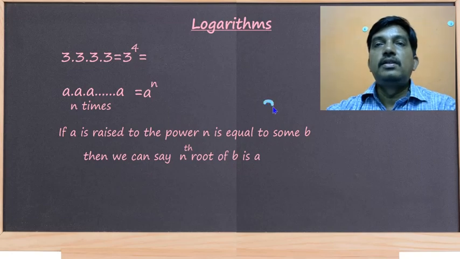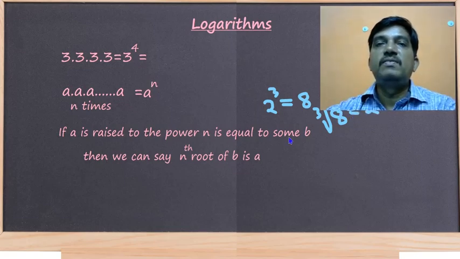You know what is 2 to the power 3? 2 to the power 3 is equal to 8. Therefore, cube root of 8 is equal to 2, and this is the meaning of nth root of a real number. And this is the example. You can understand what is the meaning of nth root of a number.